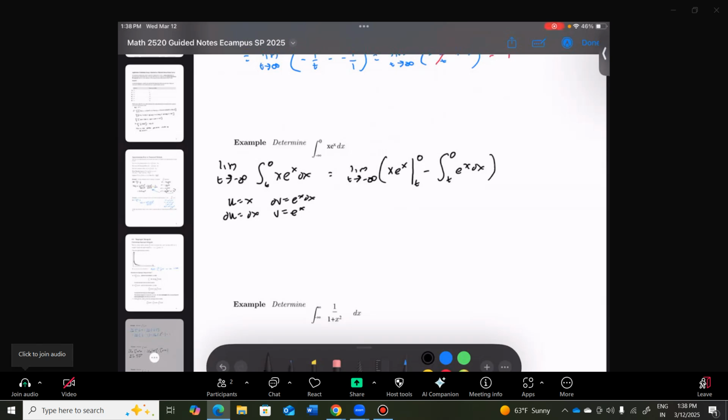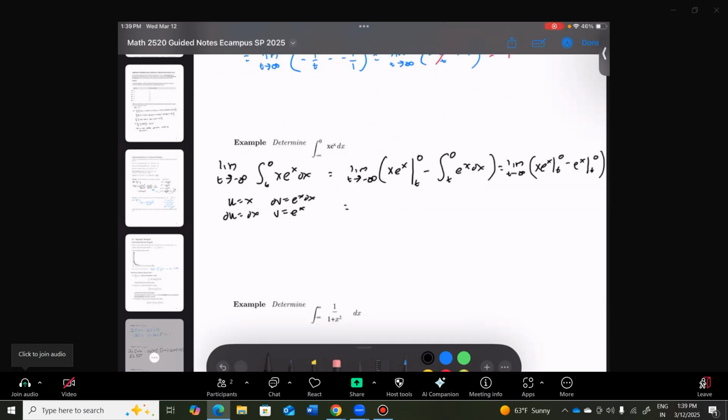So we can do the integral of e to the x dx. You get x e to the x from t to 0 minus e to the x from t to 0. Now evaluate these.